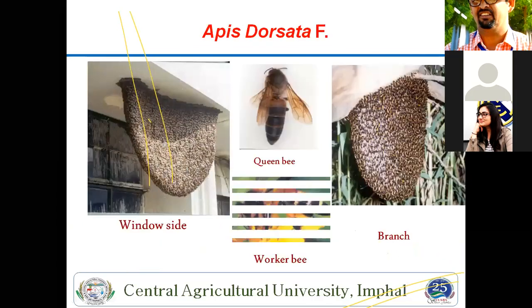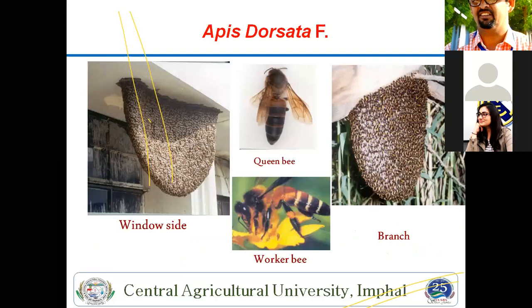Okay, then you see the photos of this Apis dorsata. You see the window side and branches. This is the biggest size of comb. Only a single comb is made, and this is the biggest size of queen also. This is the queen, and this is the worker bee. Honeybee is a social insect.